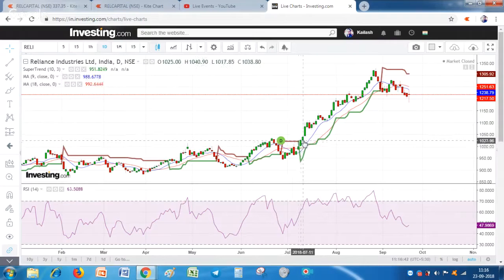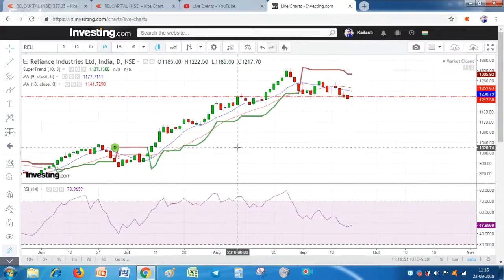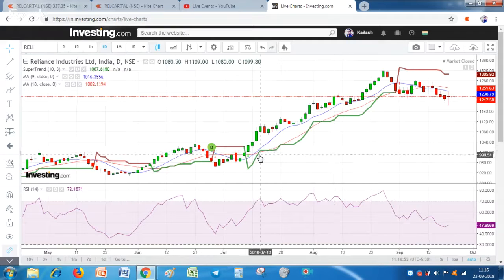So you could see here, friends, from this level, in the previous part. Let me just make it bigger. See here, friends, how super trend has given us the buy signal. When the green line of the super trend is below the chart, it shows that it's a buy signal. And there is an upward arrow also, a small green arrow.